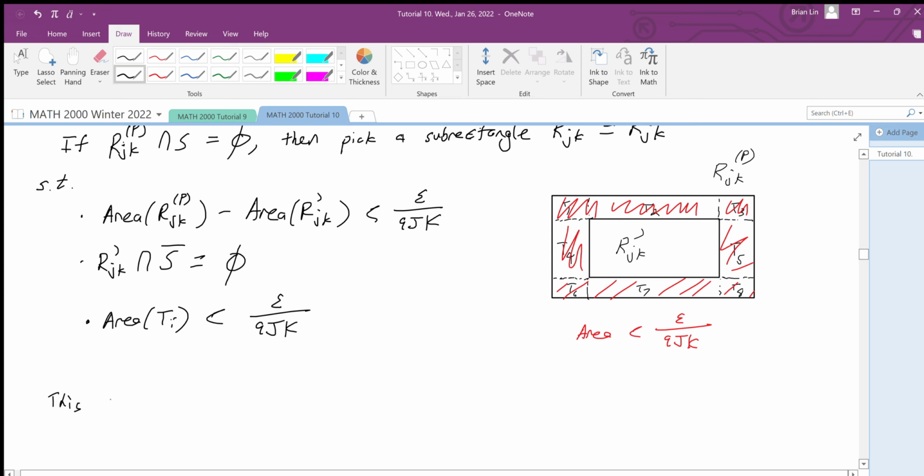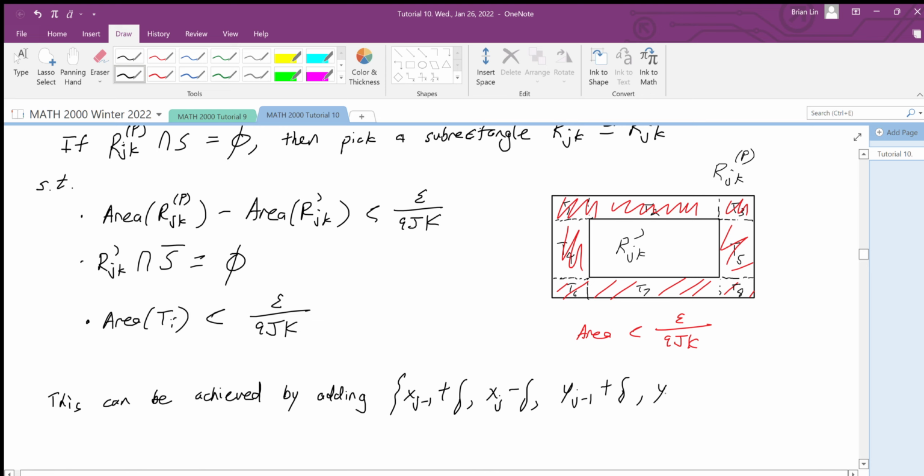So this can be achieved by adding, that should be a plus, this to the partition, for a suitable choice of delta greater than 0.